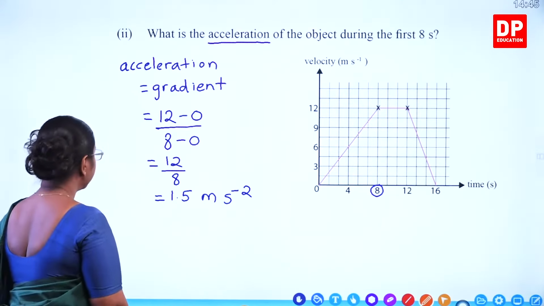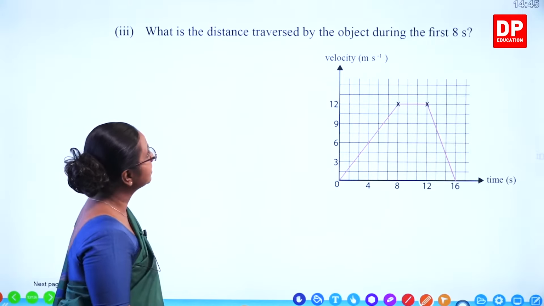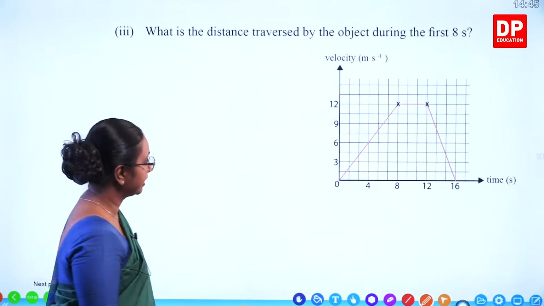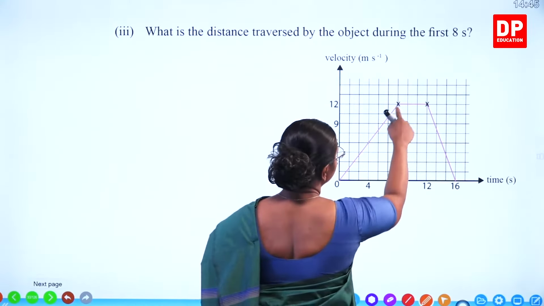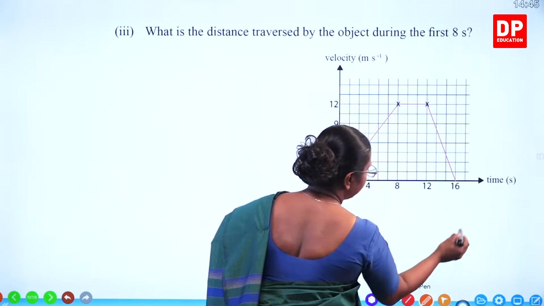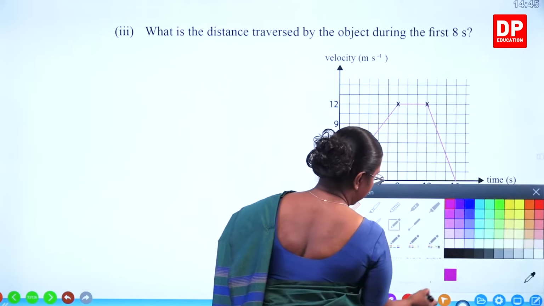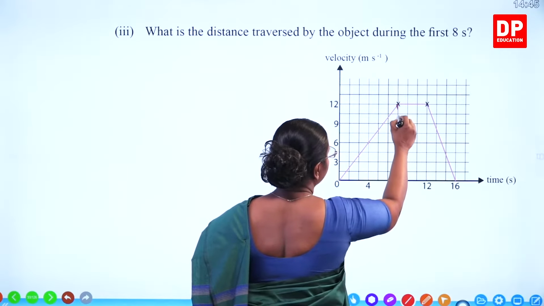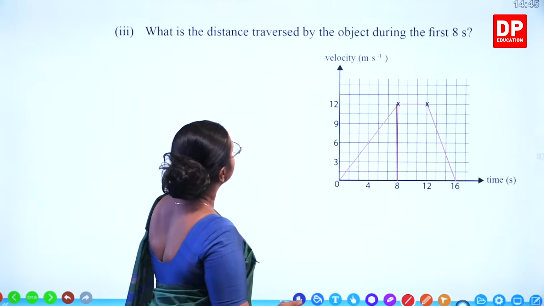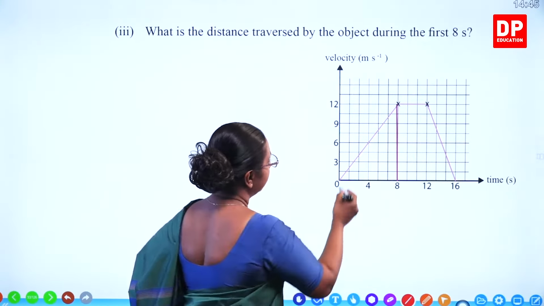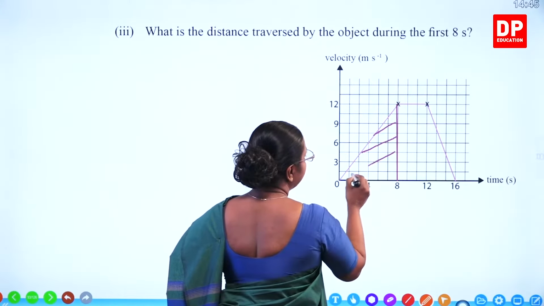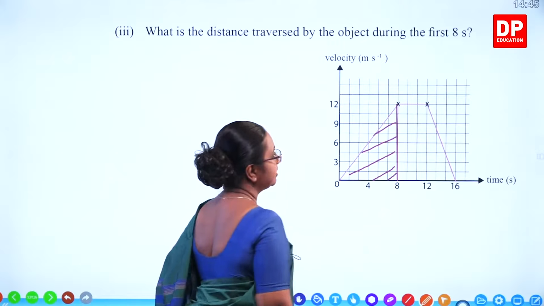The next question is, what is the distance traversed by the object during the first 8 seconds? So here you can see first 8 seconds is this part of the graph. Even in the previous one you saw that it is this part of the graph, that is the acceleration. So first 8 seconds, then we have to calculate the area covered by this graph.